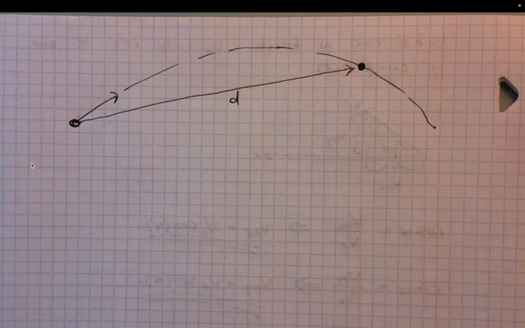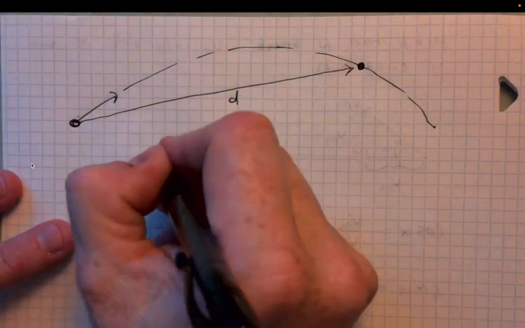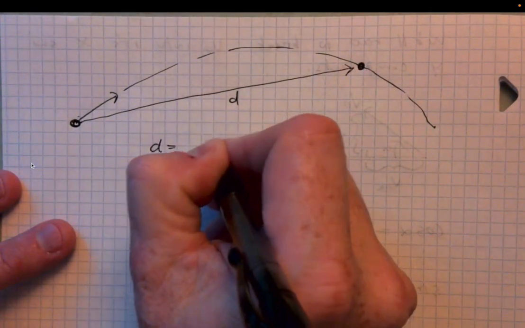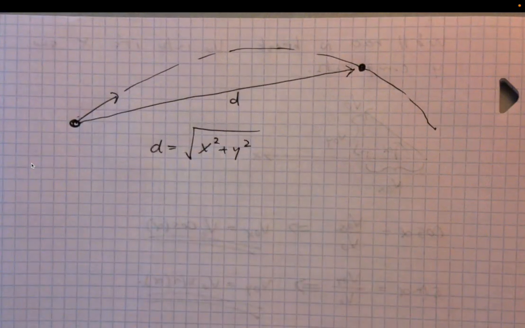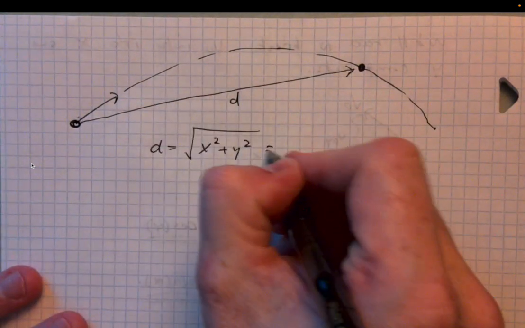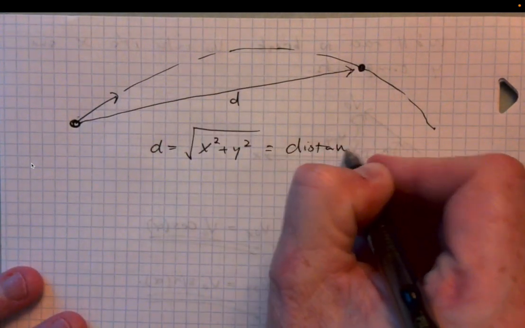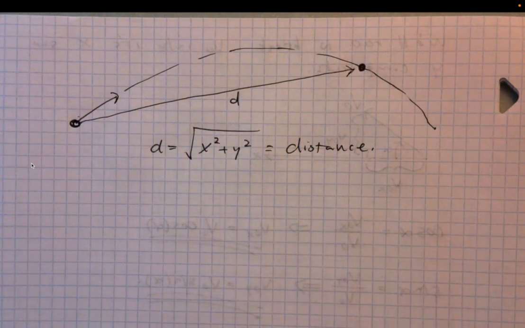Well, I can use just the distance formula in the xy plane, right? We know that d would be equal to the square root of x squared plus y squared, right? That's just the distance. Very familiar to us. And that'll be a question that we'll want to know, right? What's the straight line distance from the origin?